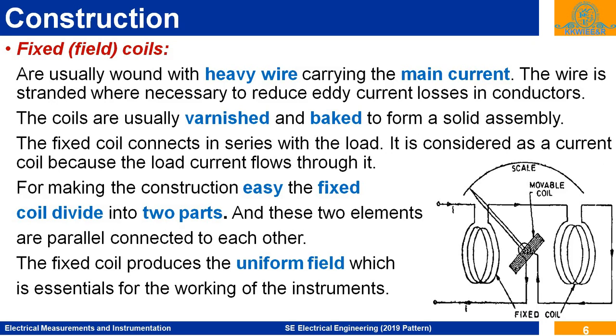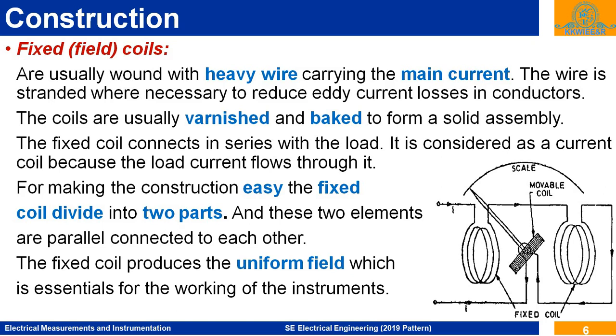Depending on the current, we use the cross-sectional area, so a thick diameter conductor is used, and the overall construction of this coil is heavy. It is divided into two parts so that the construction is easy, it can carry considerable current, and it will not create any problem during the construction.